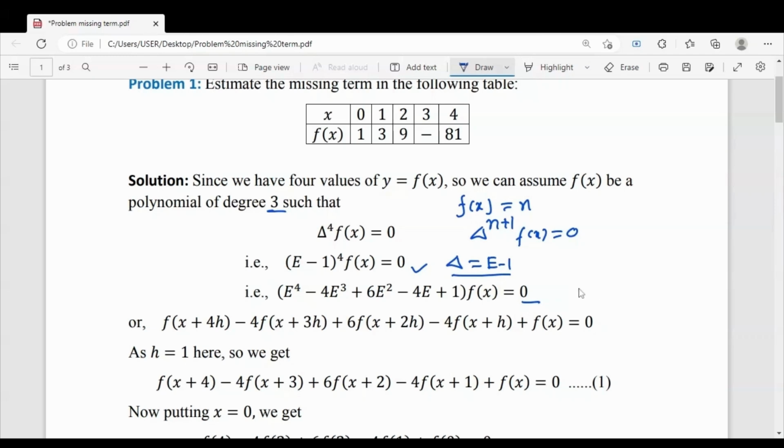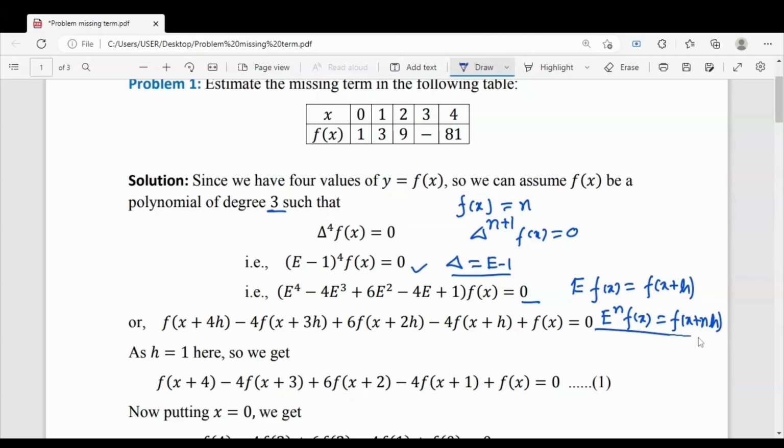Now we also know that E of f(x) equal to f of x plus h, and E to the power n f(x) equal to f of x plus nh.